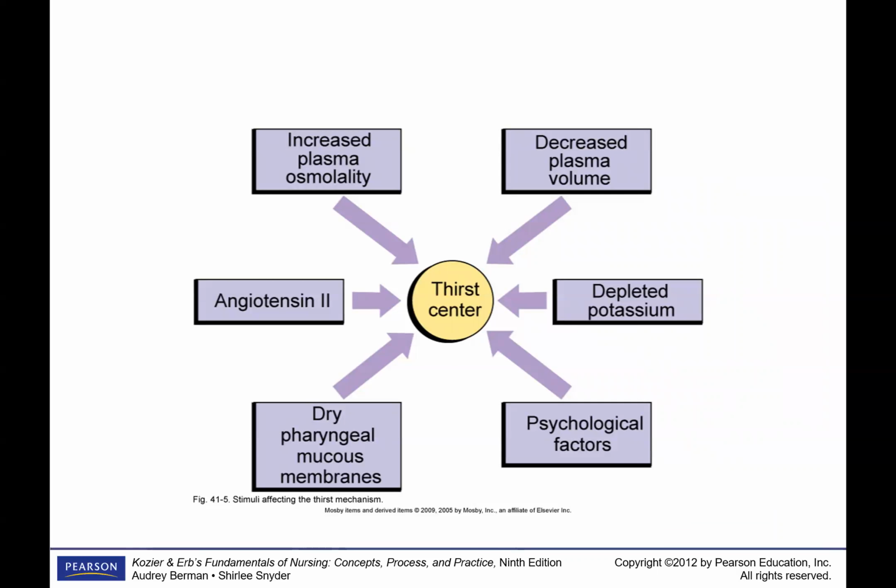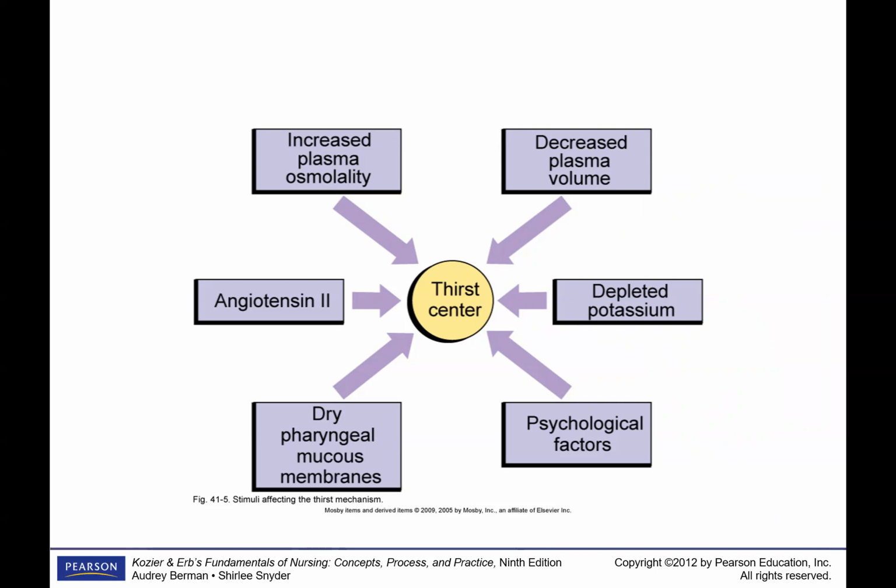So let's talk about thirst. There's different ways that our thirst center can be stimulated. We can have a decrease in plasma volume, so blood volume is down. We become thirsty if there's not enough potassium. Psychological factors: you see somebody else drinking, so you want to take a drink, or you get nervous, and so your mouth dries up and you want to take a drink.